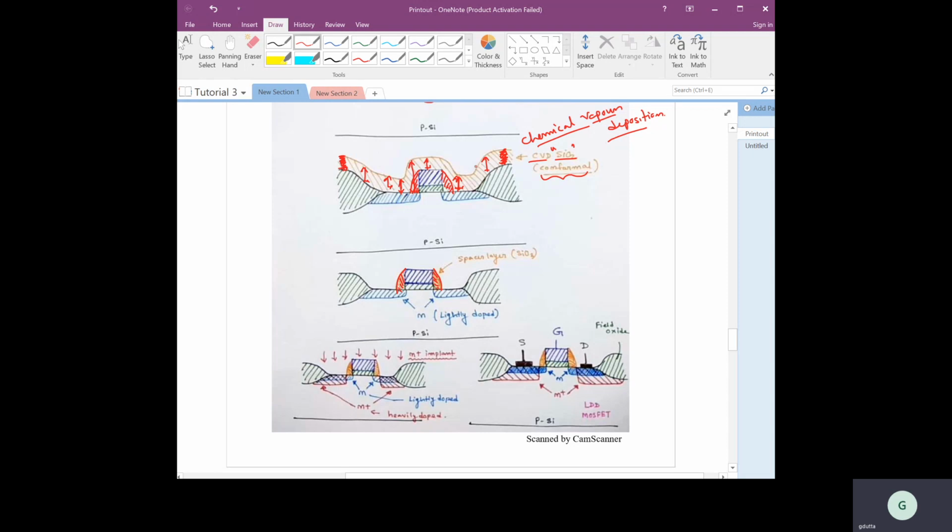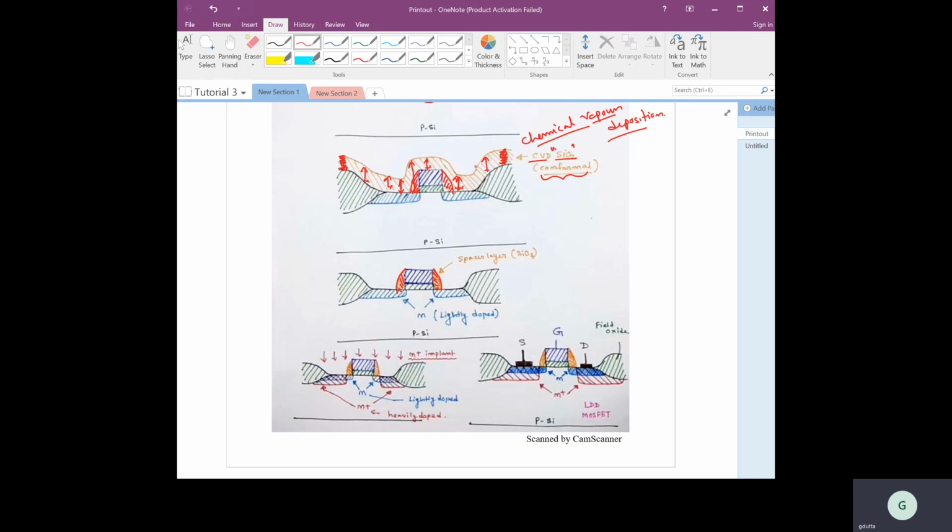Again, etching may be of two types. You can use dry etching, and at the same time you can use wet etching. Wet etching, from the name itself, means you have immersed your sample into some chemical, and in the solution itself the etching process is carried out.